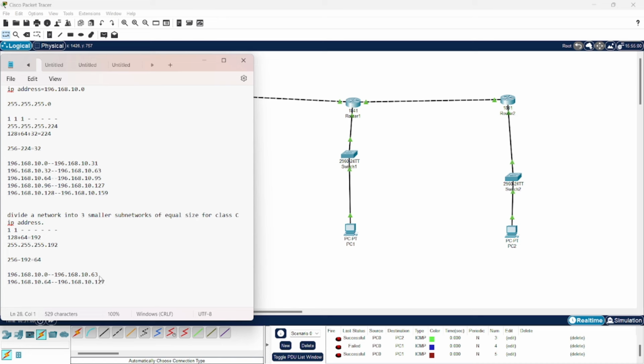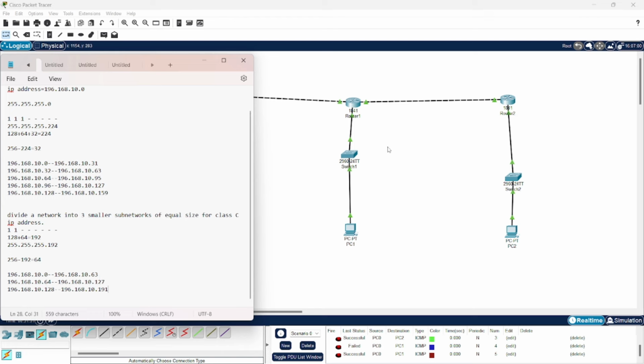And then the last network would start from 128, which would make it 191.